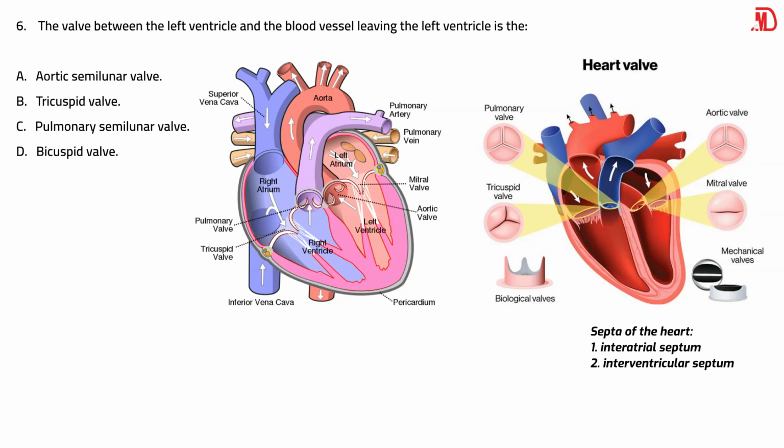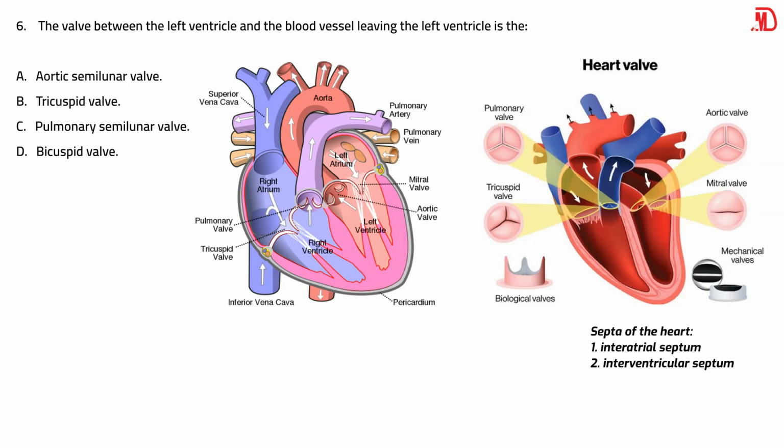3. Mitral valve or the bicuspid valve. This is located between the left atrium and the left ventricle. And the fourth valve is called the aortic semilunar valve.